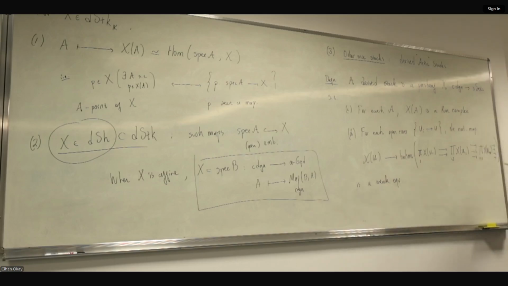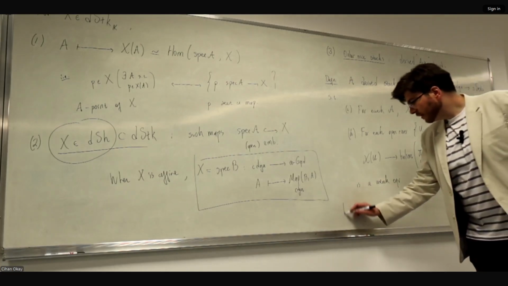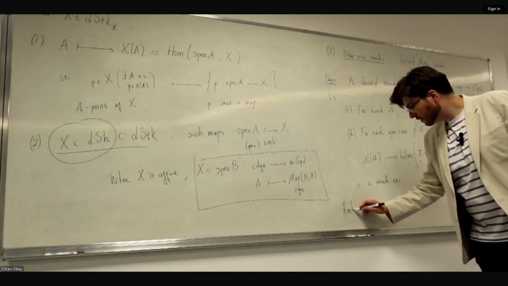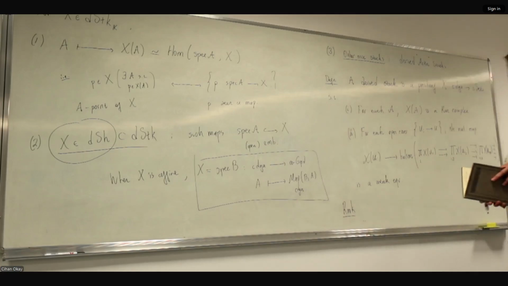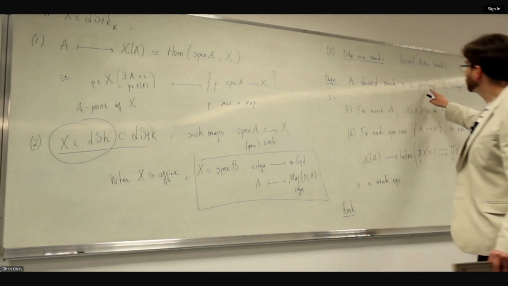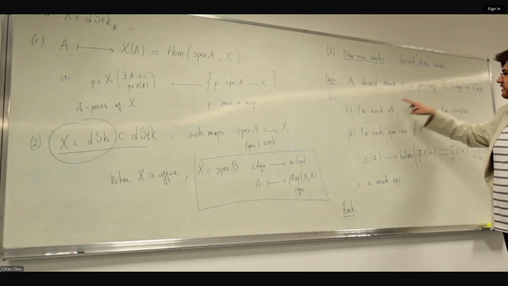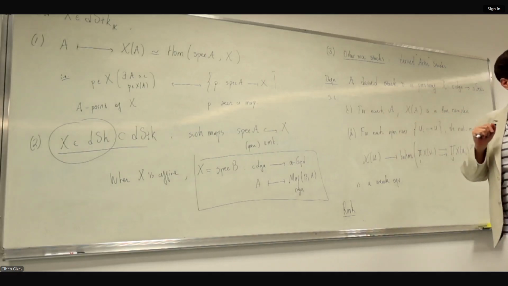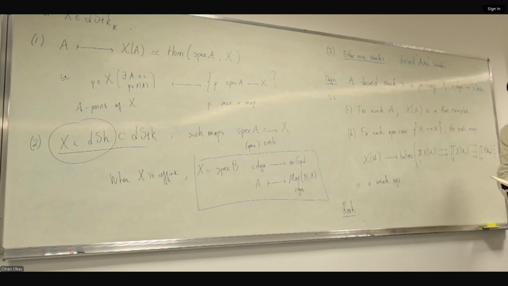Okay, so this is the most general way of writing this definition. But if you are familiar with some kind of technicalities, what you are doing is, if you have a model structure on the category of pre-sheaves, these guys turn out to be fibrant objects in that model structure. So this is some technical remark.